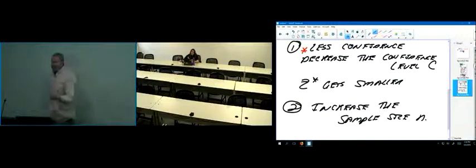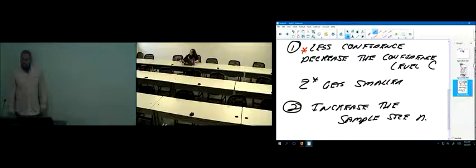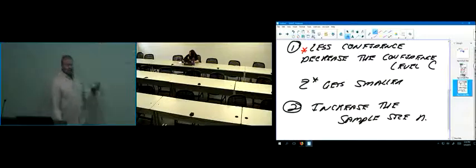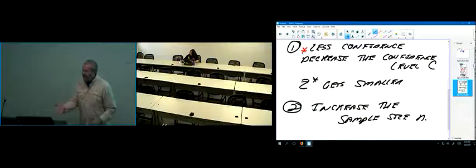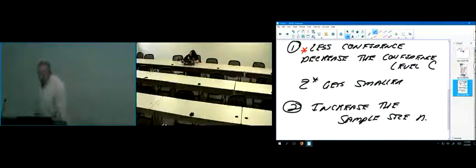Now, why does increasing the sample size make it smaller? Well, you're dividing by the sample size. So when you divide by a larger number, you make the whole quantity smaller, right? So again, that's that number sense. If you multiply by a smaller number, you make the whole quantity smaller. If you divide by a larger number, you make the whole quantity smaller. So if you increase the sample size, that will also decrease the margin of error.